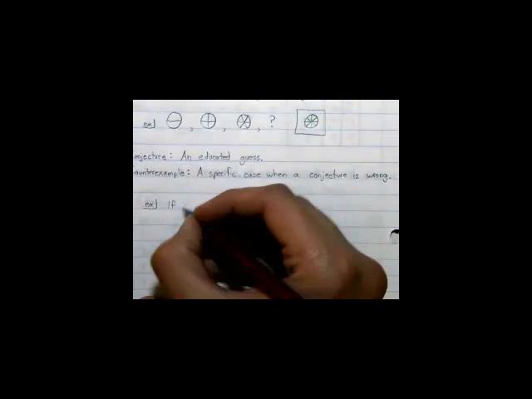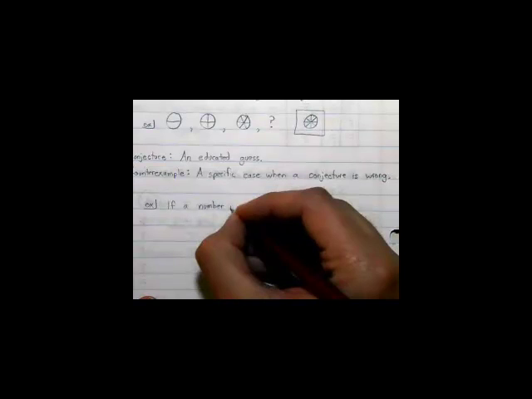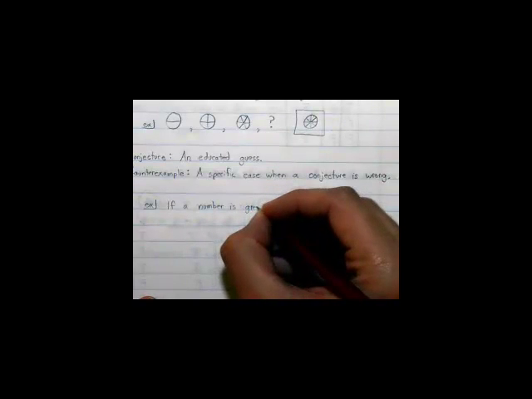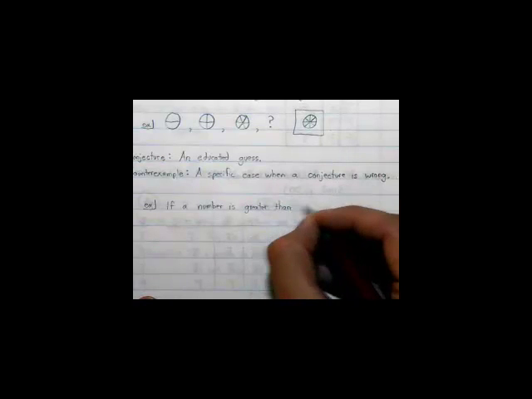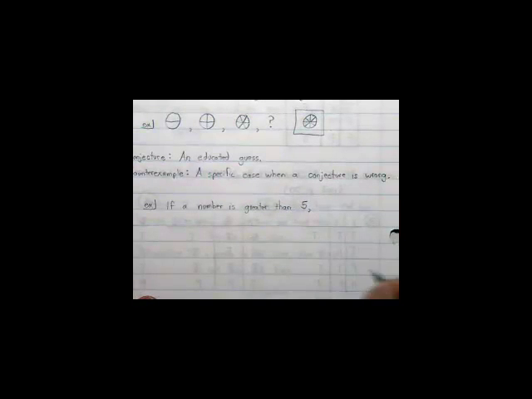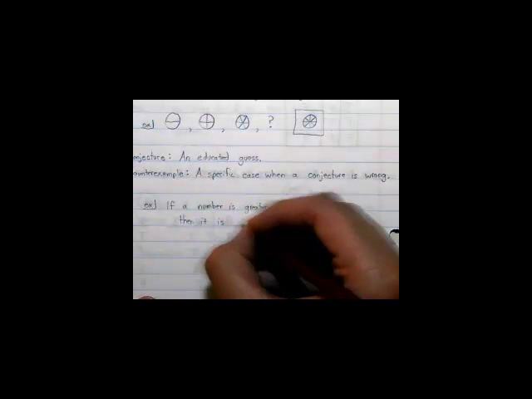Can we find a counterexample? Let's practice this for just a second. So let's say if a number is greater than 5, then it is even.